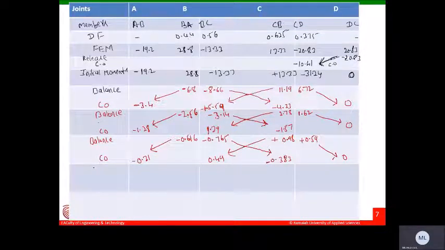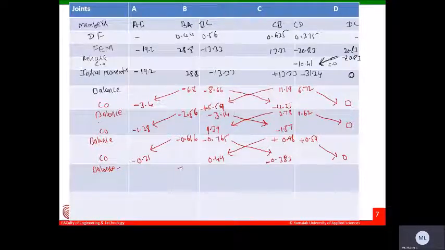Then once again do the balance. Now if you do the balance once again, it will be what? 0.49 multiplied with 0.44, change the sign, write down the values.